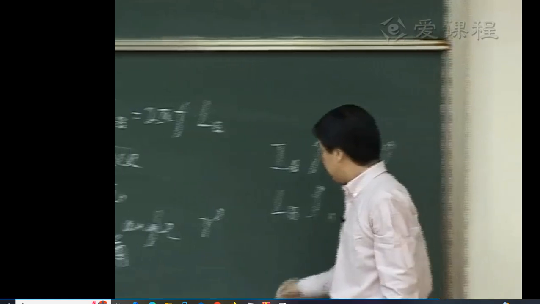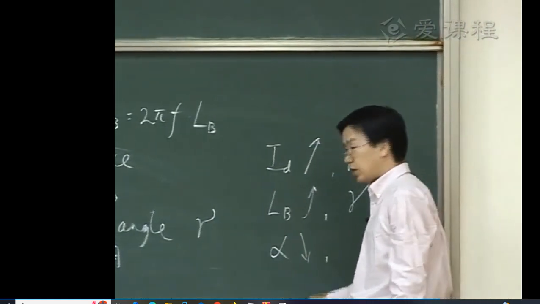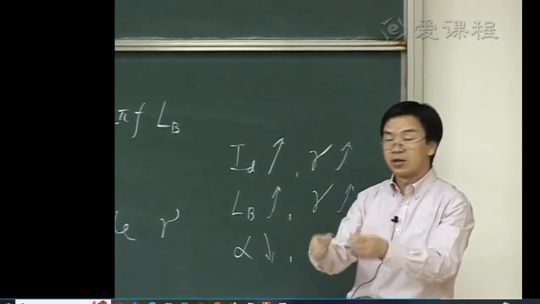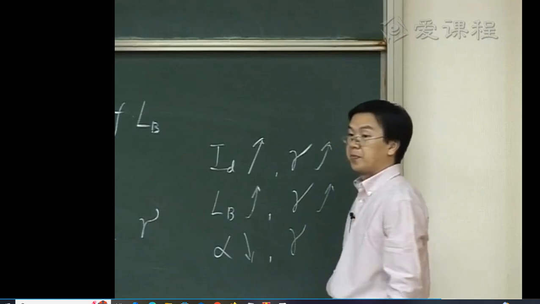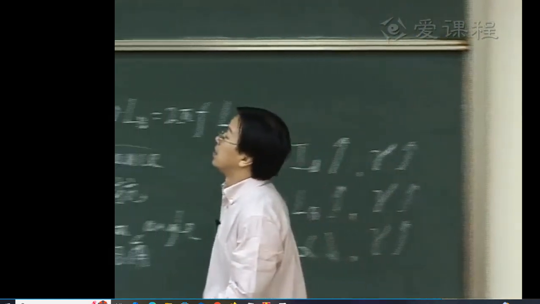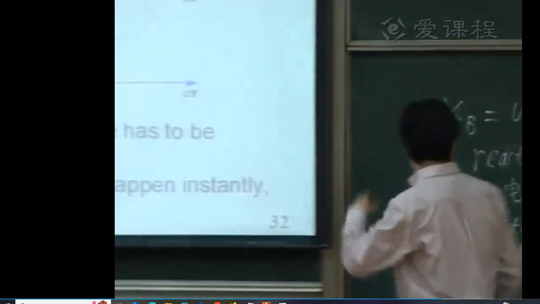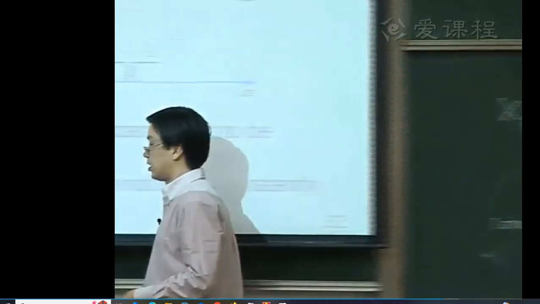And then there's a discussion that when the triggering delay angle alpha is smaller, gamma will be larger, is it? I'm sorry, let me check.